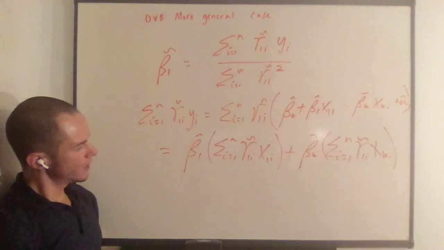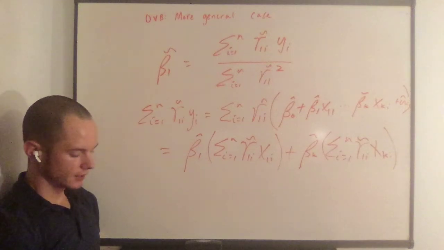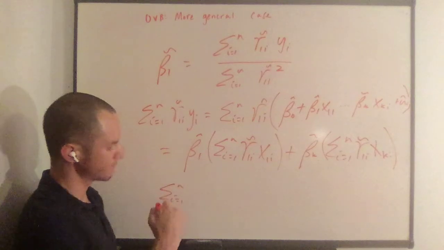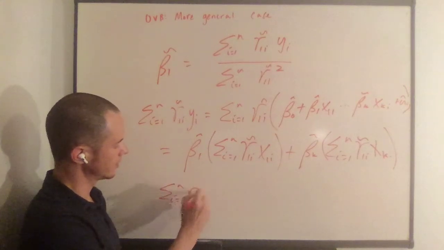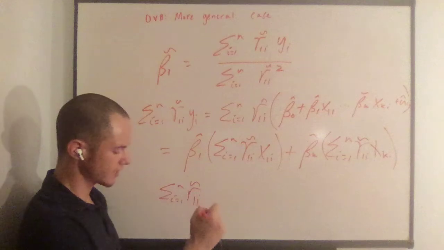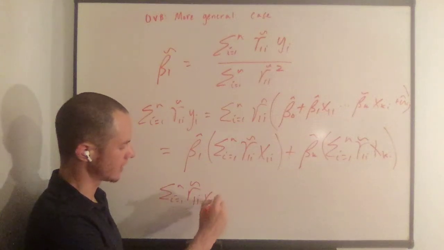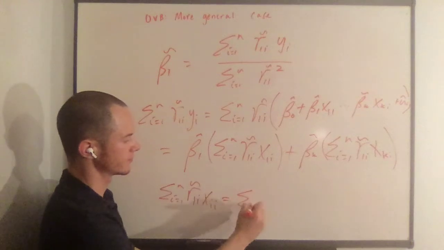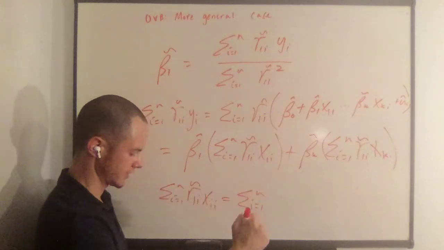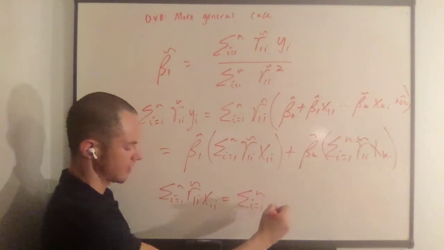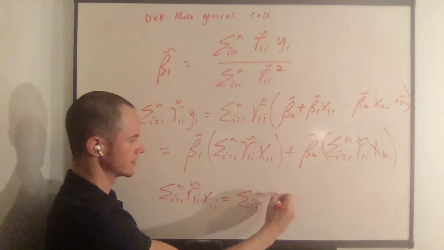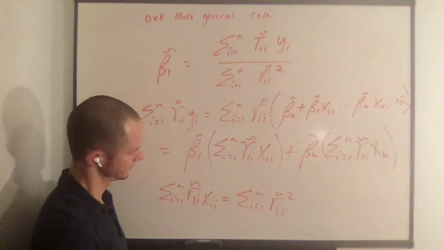And observe that the sum from i equals 1 to n of r1i tilde x1i is equal to the sum from i equals 1 to n of r1i tilde squared.